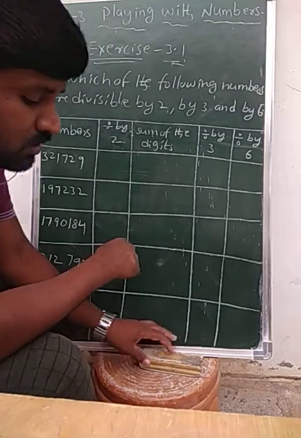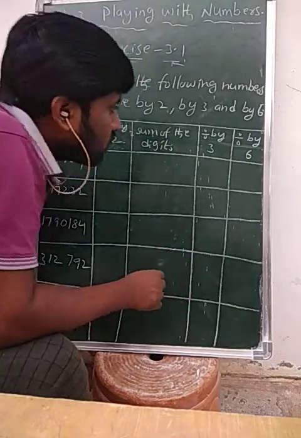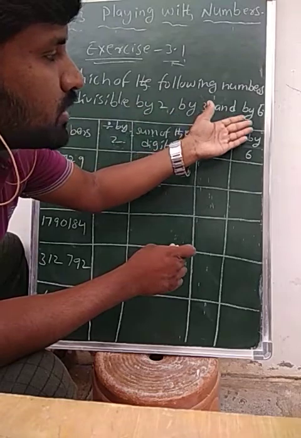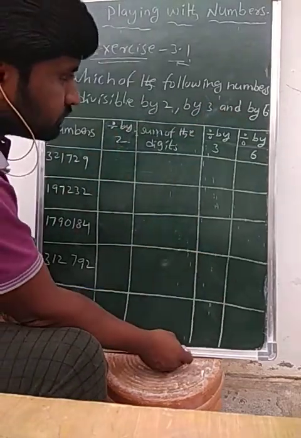So I have taken some of the numbers from this question. I'm going to check which are divisible by 2, divisible by 3, divisible by 6. So let us discuss.